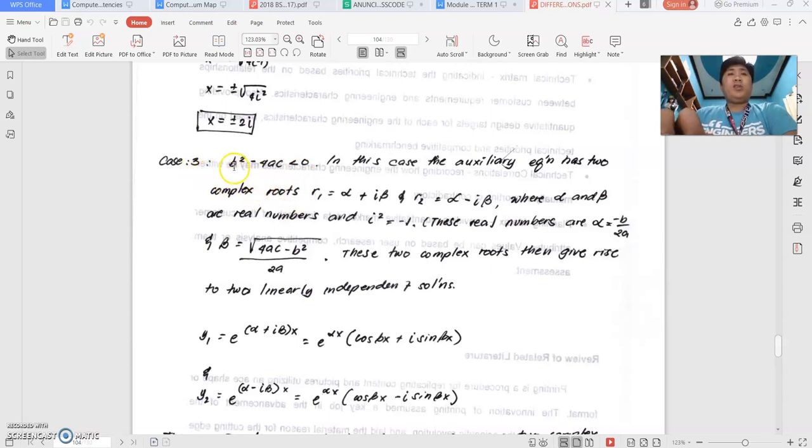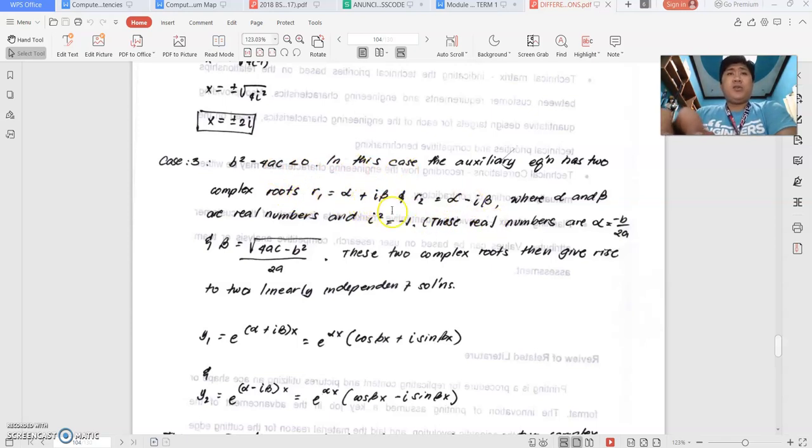if you have an equation containing a, b, and c, and the result of that is less than 0, then in this case, the auxiliary equation has two complex roots. This means that it is imaginary. So it has two roots.